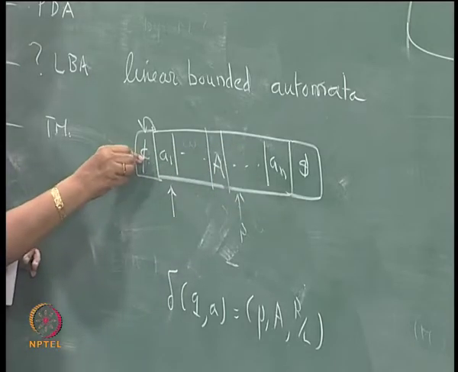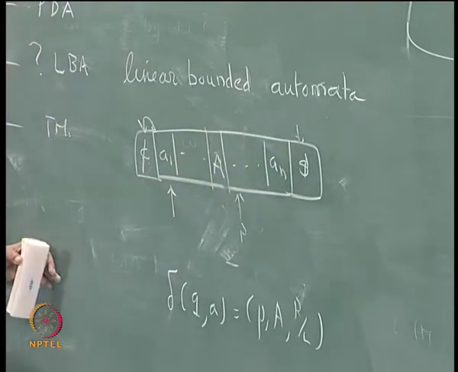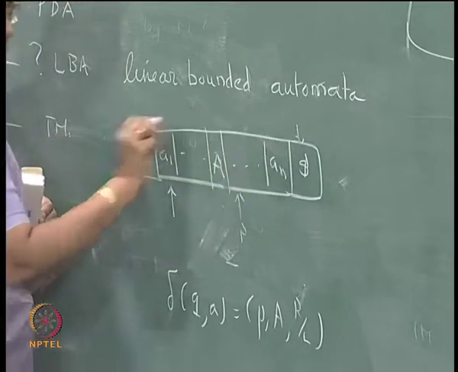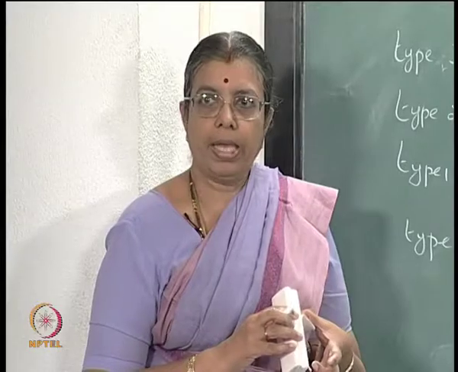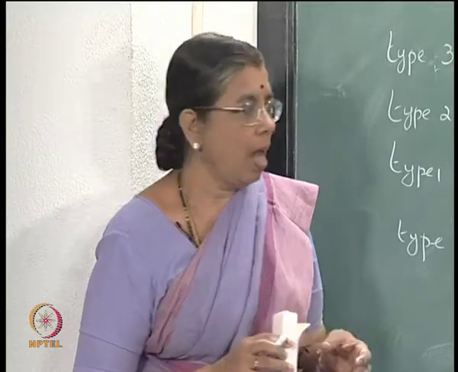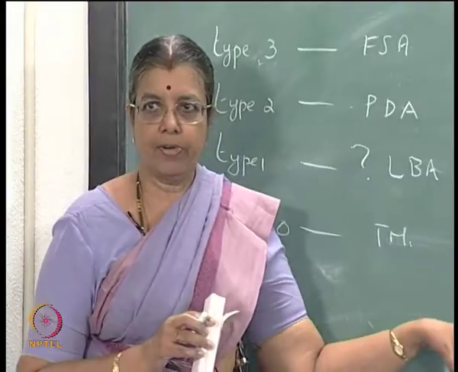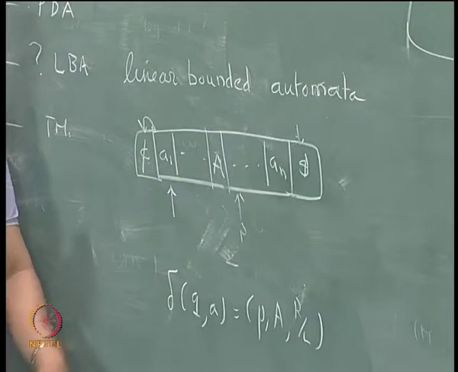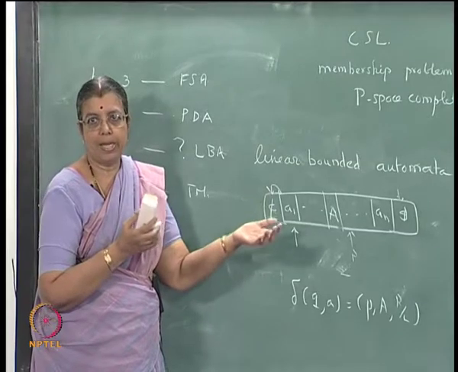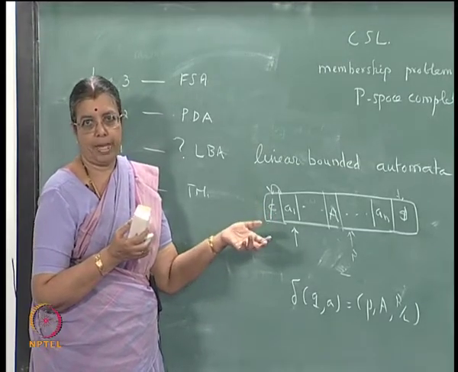If it tries to reach this cell or this cell, the machine stops. If it reaches the end markers, the machine halts. So it has to move within this space only, whereas a Turing machine is infinite in both directions, or one direction, whatever it is, one way infinite. Here the tape is finite and the mapping is similar to that of a Turing machine, but if it reaches this cell or this cell, the machine halts. Within the end markers it has to move. The tape is linearly bounded, that is why it is called a linear bounded automata.